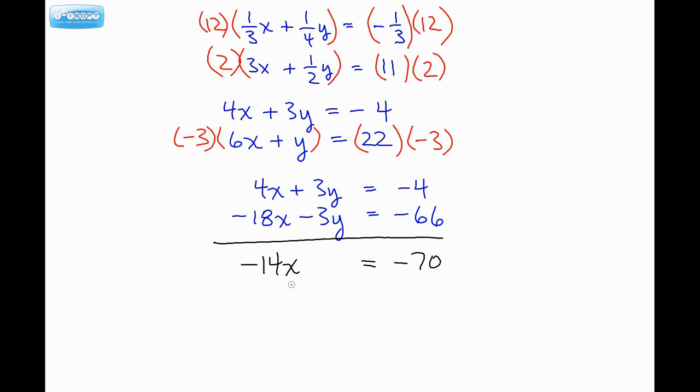So we can easily solve for x now. Divide everything by -14. A negative over a negative is positive, and 70 divided by 14 is a nice number. It's just 5. So x is 5.